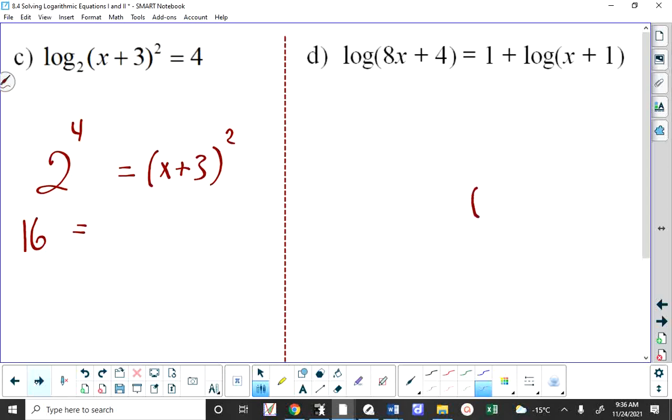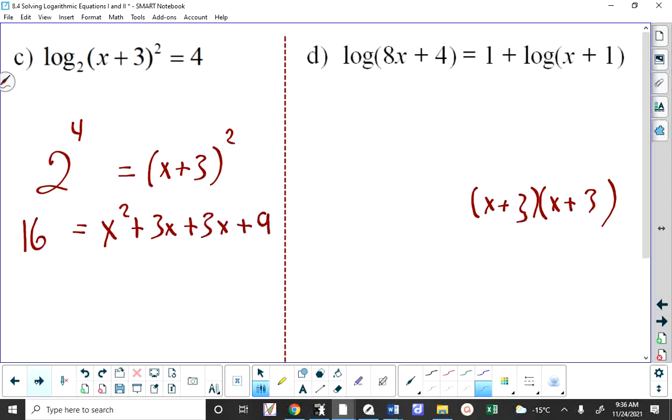Don't forget that x plus 3 quantity squared means x plus 3 multiplied by x plus 3. So I think most of us don't need to write that down, but make sure you're aware that that's what's going on. When you FOIL that out, you get x squared plus 6x plus 9. Now we're kind of in Math 20-1 territory.